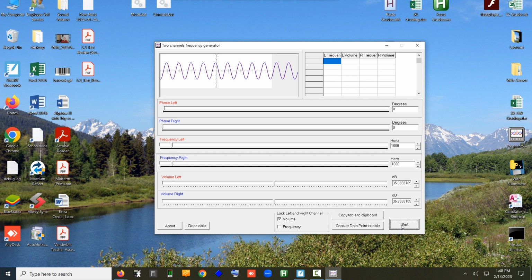And when I play it, watch the wave, and then listen to what's happening as you watch what the wave is doing. So, as I started to compress the wave, it got quiet. And I take this, stretch the wave, it gets louder. So, stretching and compressing the wave vertically changes the volume.